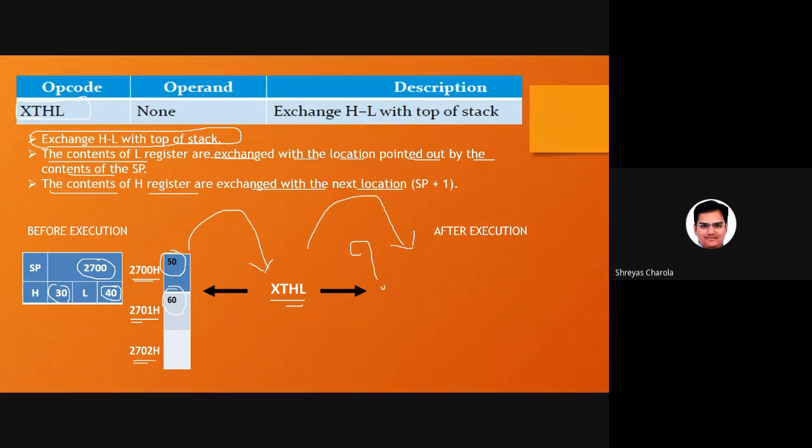What I told you, always remember a rule: higher location, higher register; lower location, lower register. Which is the higher register in HL? H is the higher register. In DE, D will be the higher register.